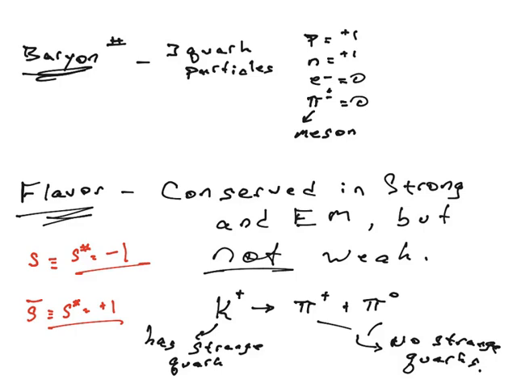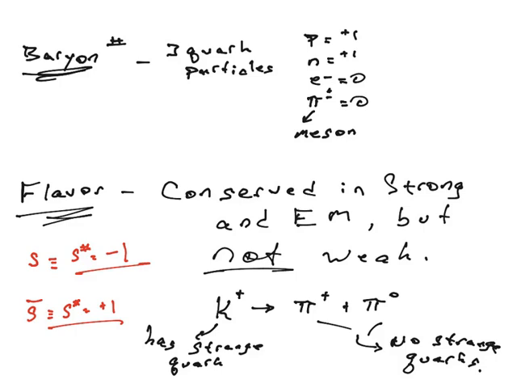An electron has a +1 electron lepton number, whereas the anti-electron, the positron, has -1. And it's the same for everything. But by convention, from the beginning, the strange quark has a strange number of -1.